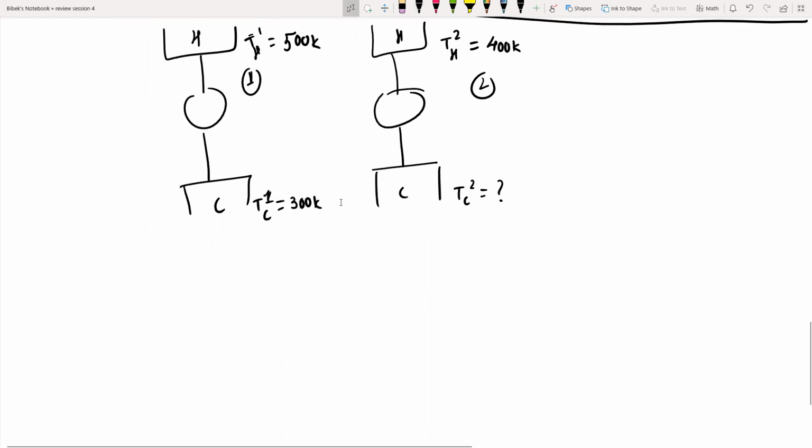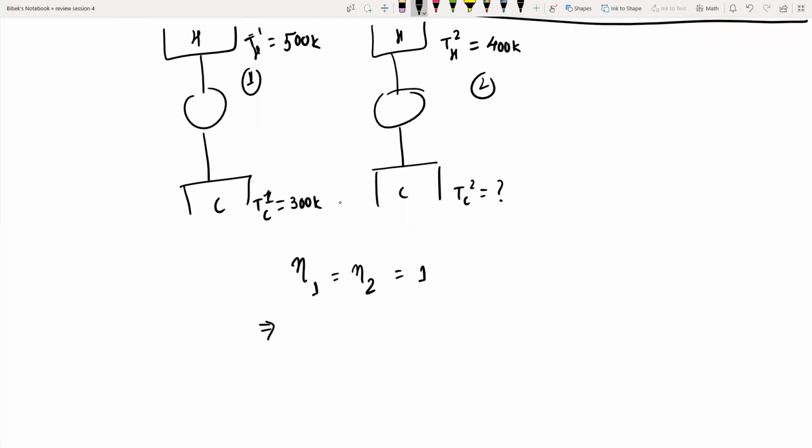Two Carnot engines must work between a similar range of temperature so that they satisfy the efficiency of 1 being equal to the efficiency of 2.